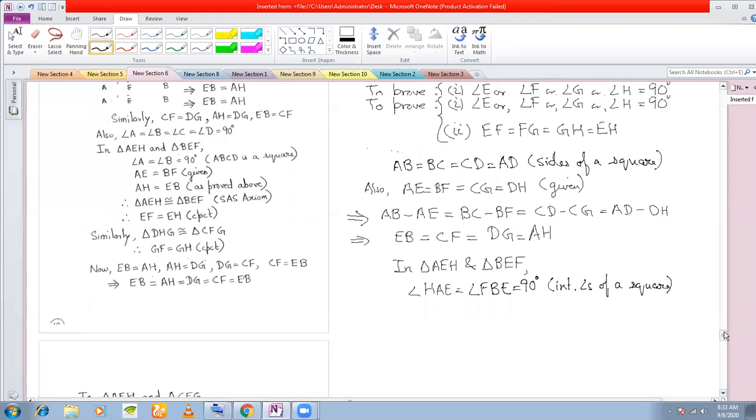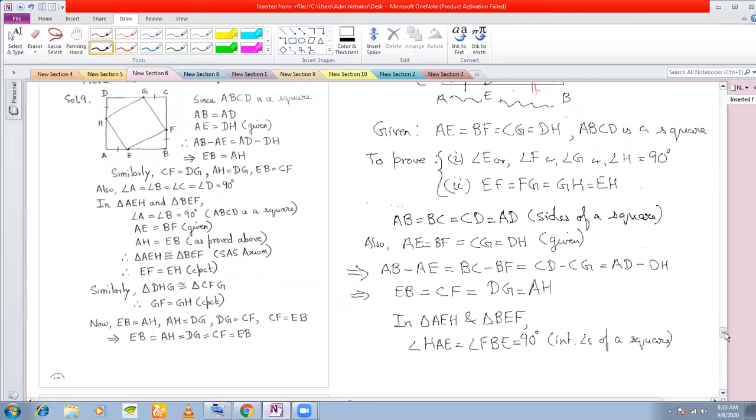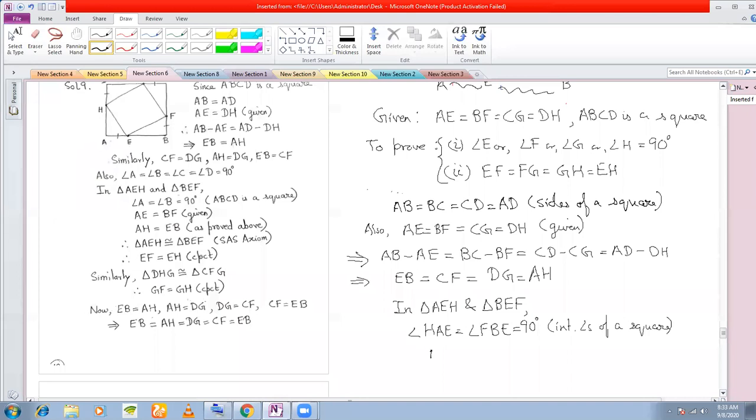Next one is the red marked sides. What are the red marked sides? AH and EB. Right, AH is equal to EB, as proved above.